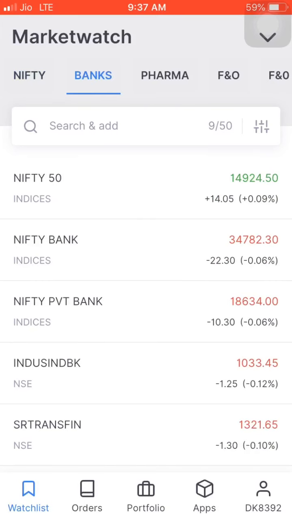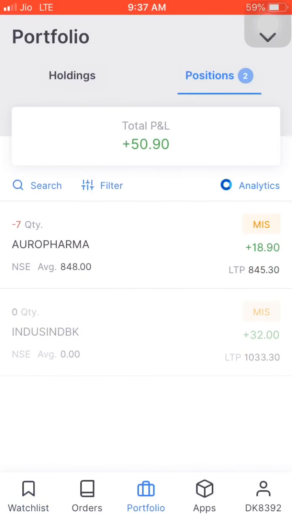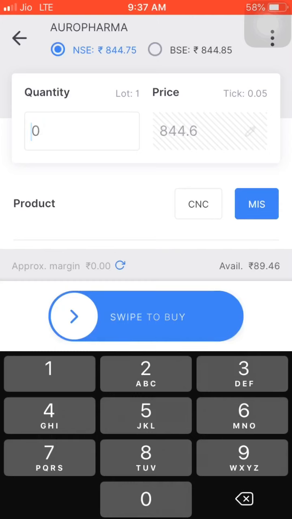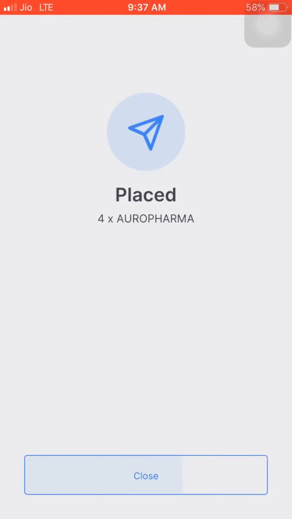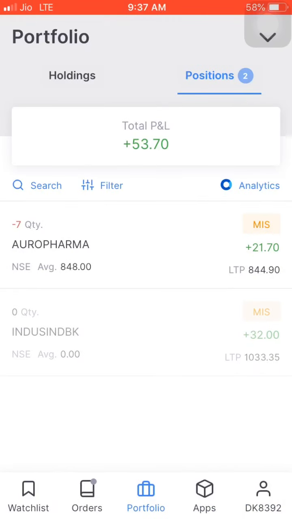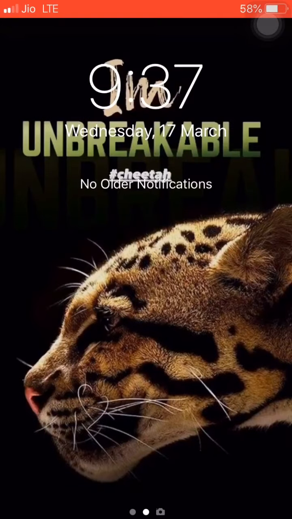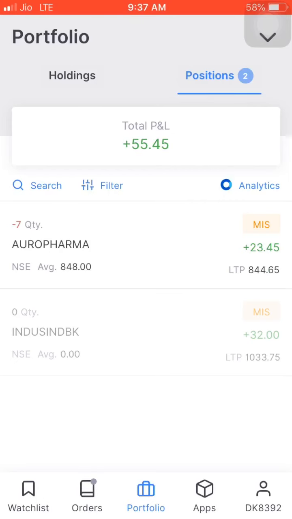Guys, now we have around 25 rupees profit in our Aurobindo Pharma, so let's place a position for 4 quantities with a 5 rupees difference at 843. That means more than 0.7% profit of that stock price, and that's enough.